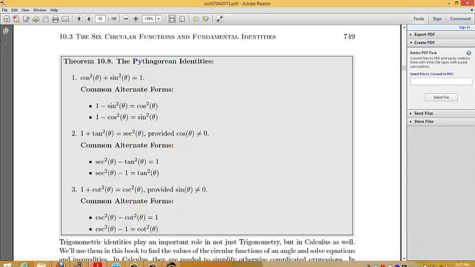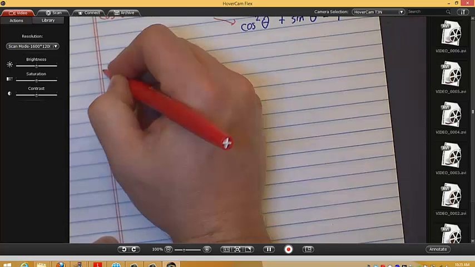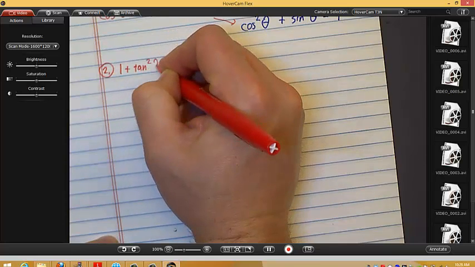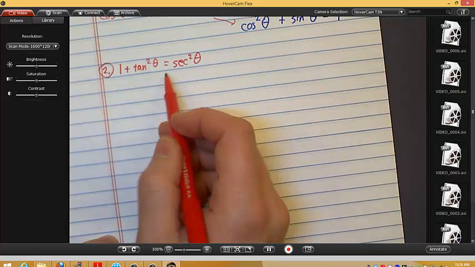As a matter of fact, number 2 is interesting to me. 1 plus tangent squared theta equals secant squared theta, provided that the cosine is not 0. All right, I'm going to work on number 2 for a minute. And again, we understand what that squared means.